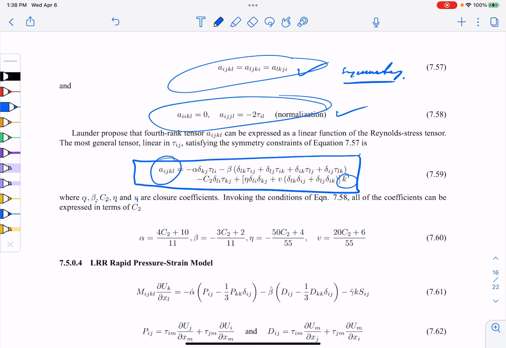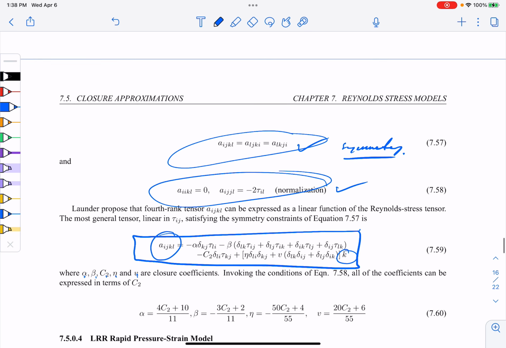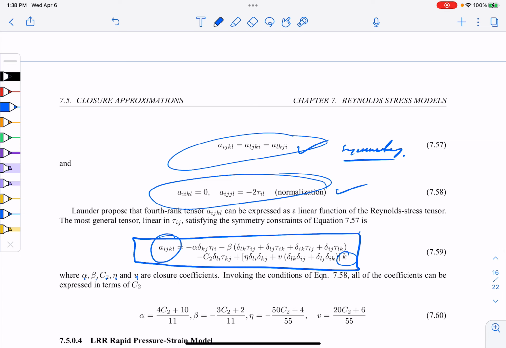So the scope of this class is not to necessarily re-show their model, but they partly chose it because all these coefficients can be related to each other in terms of one coefficient, C2. So they really only have one calibration coefficient.